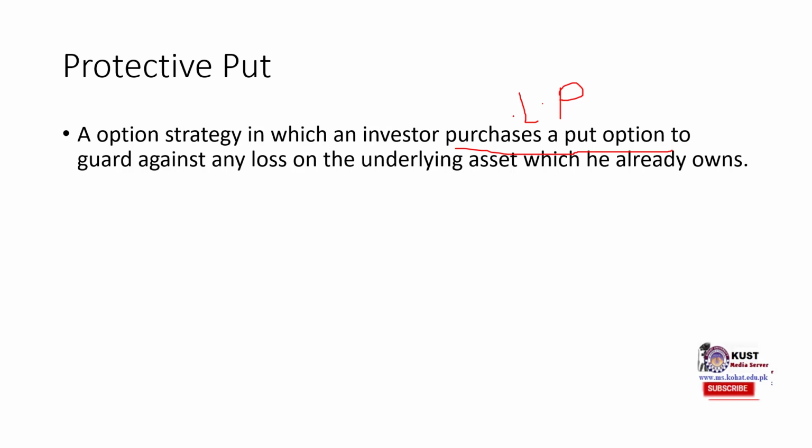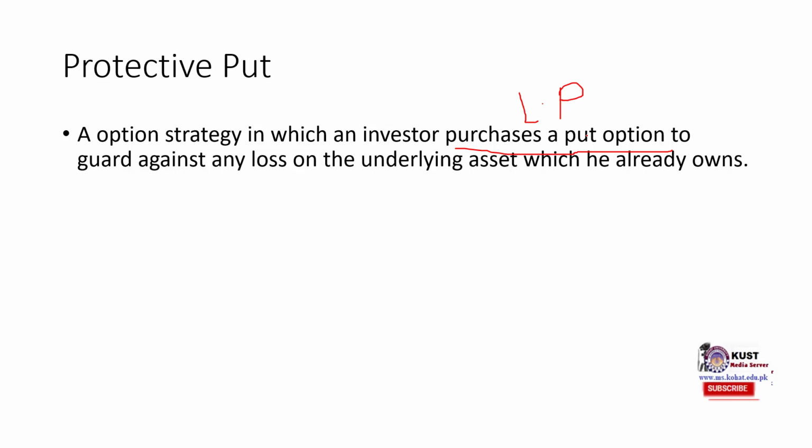Long put is when you want to sell an asset. So it is a right to sell an asset. You purchase the right to sell an asset. When you combine these two positions, you have a protective put strategy.